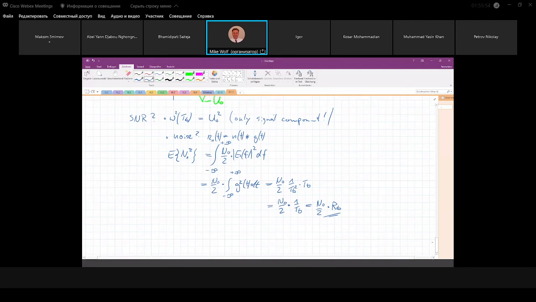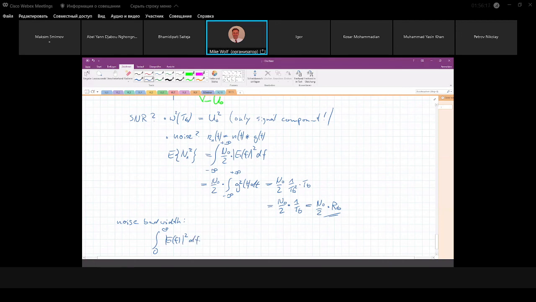Sometimes you find this definition in books, noise bandwidth. This is just the integral from 0, just the right-hand side, to infinity of G squared. This is then the noise bandwidth.